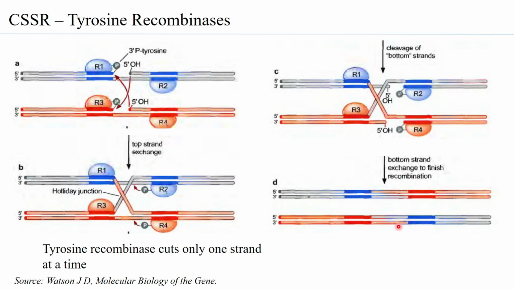So this is how recombination happens, but it is site specific. You can see that only if you have these recognition sites can recombinases come and bind, and when the recombinases come and bind, they cut at the crossover point. So therefore, this is how recombination by serine recombinases and tyrosine recombinases happen.